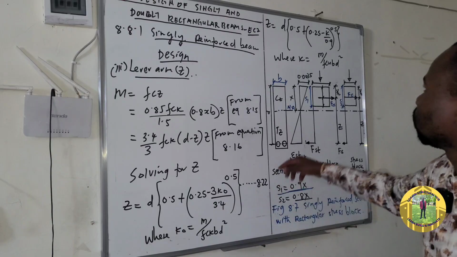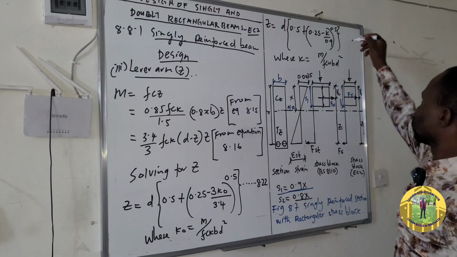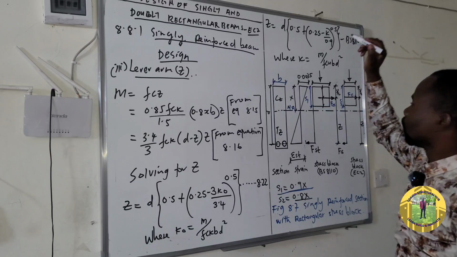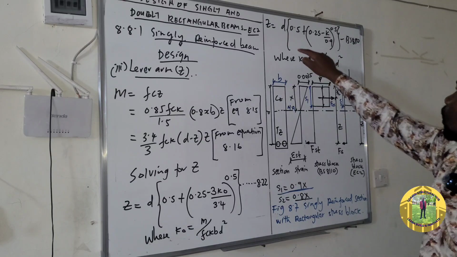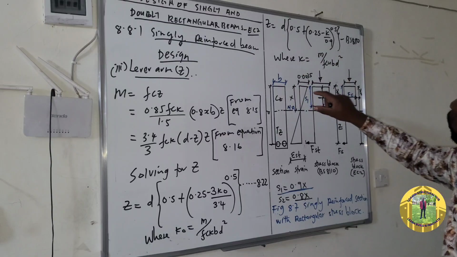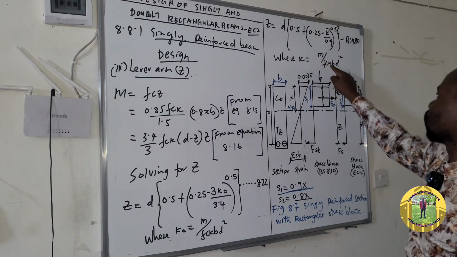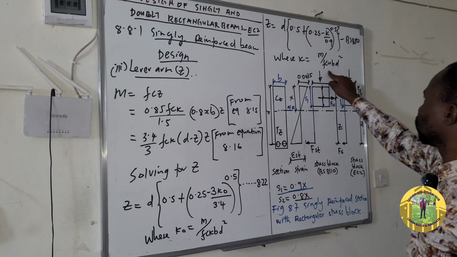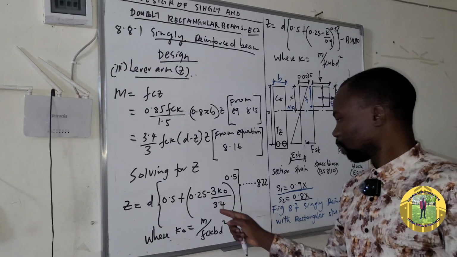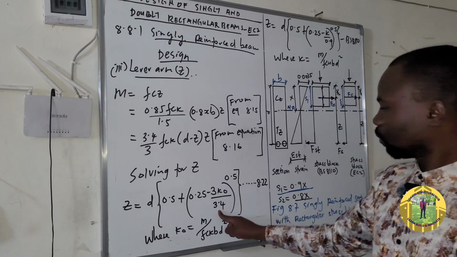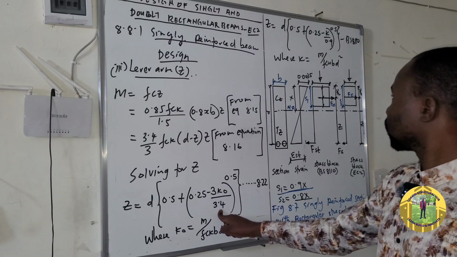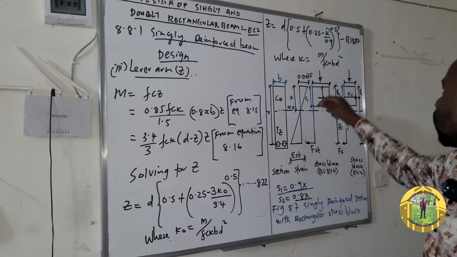If we compare with BS 8110, this one is for BS 8110, you will end up having this formula, whereby K is equal to M over FCUBD squared. If you take this 3 divided by 3.4 and round it to 1 decimal place, you will end up having this formula.